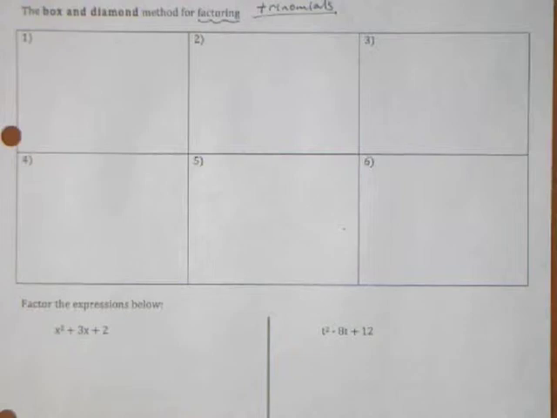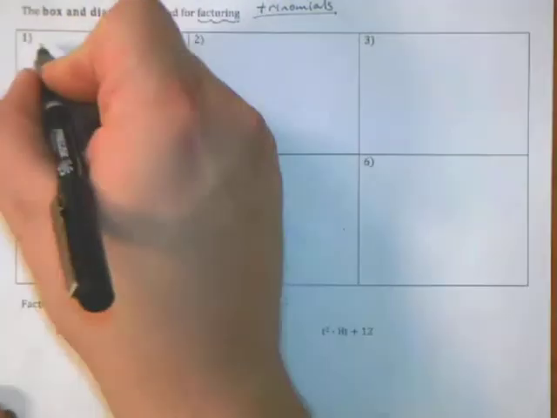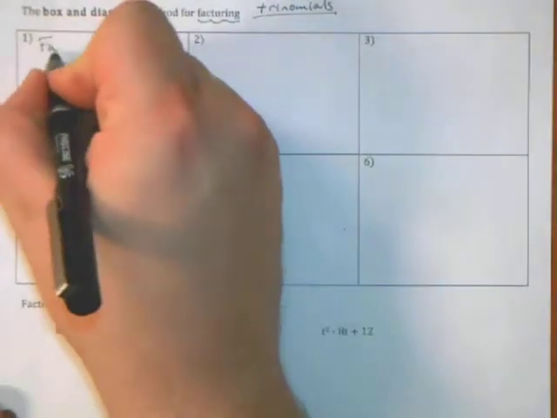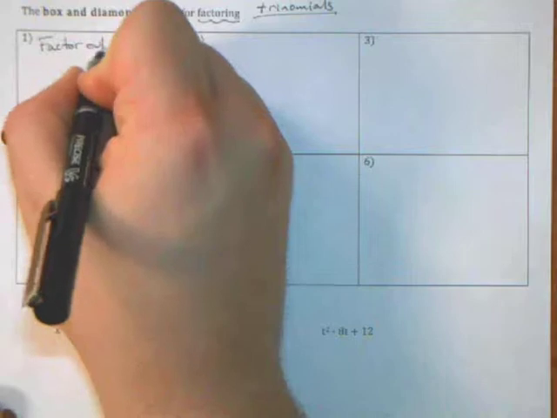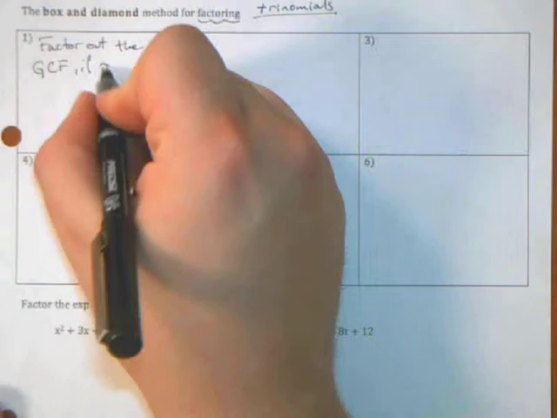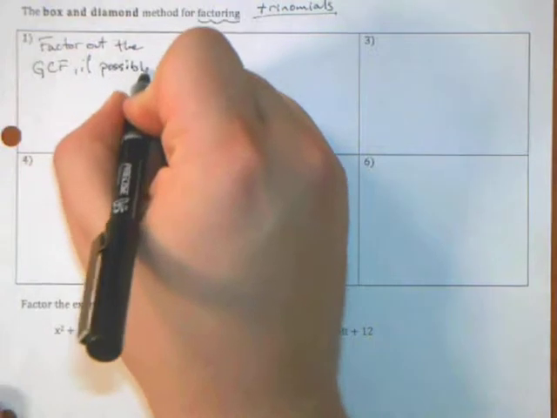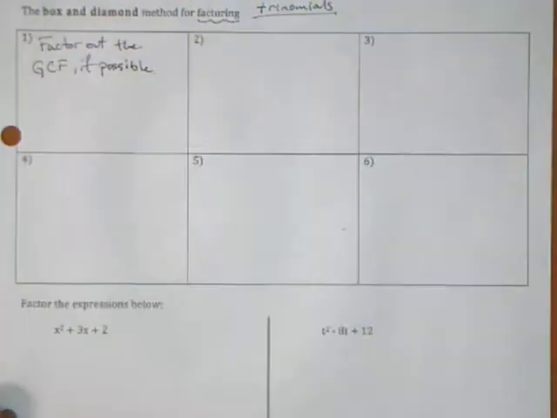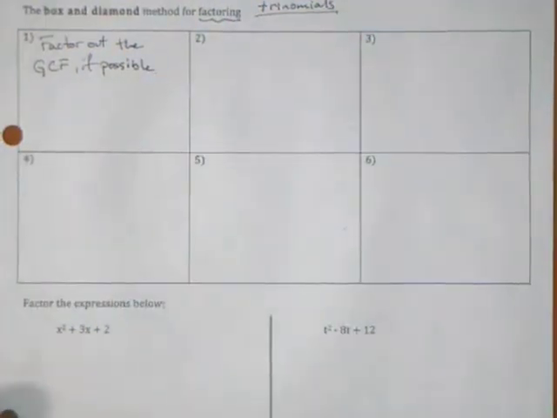The first step is we're going to factor out the GCF, if possible. If there's something in common, I want to factor that out.